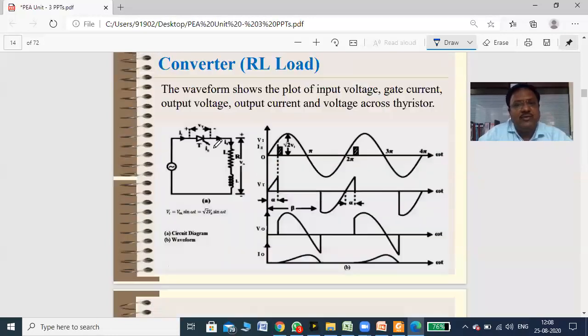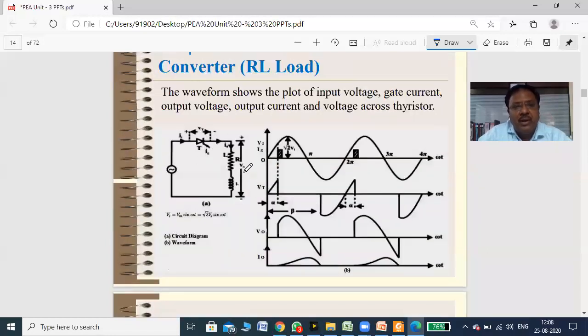As we know, if the SCR is on, the inductor stores the energy in its magnetic field, right? The SCR is on from alpha to 180, right? At 180, this SCR should turn off by natural commutation. But what happens? The inductor energy changes its polarity, that is, the downward terminal is positive with respect to the upper terminal, and then the inductor starts to release the energy through the supply and the thyristor.